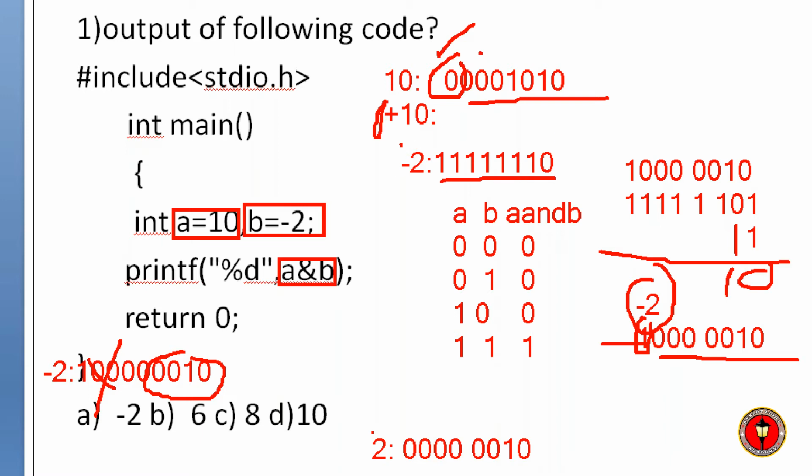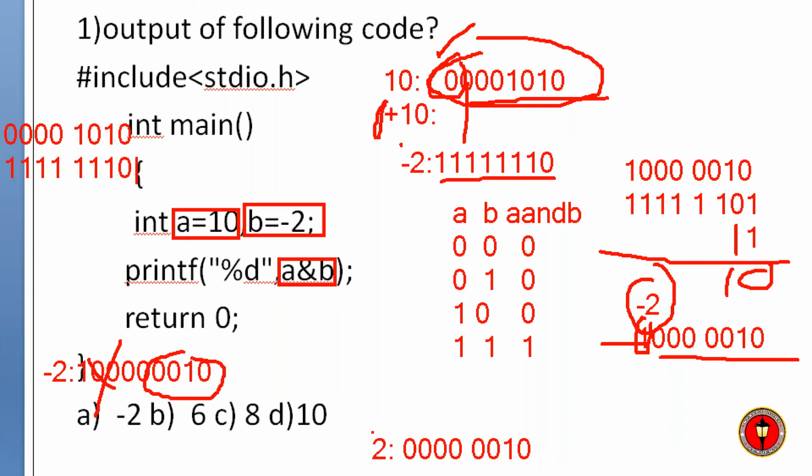Now we have to apply the AND operation between these two numbers. Finally we have 0000 1010, which is the equivalent binary number of 10, and 1111 1110, which is the equivalent of minus 2.